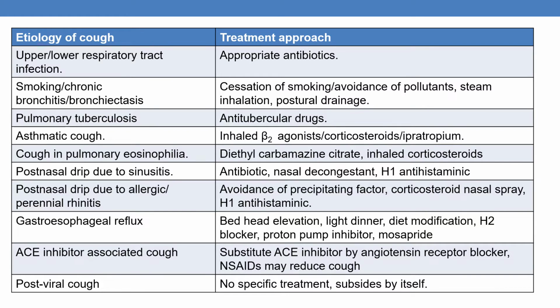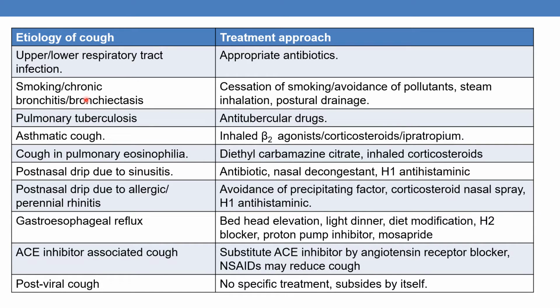Now coming to the etiology of cough and the treatment approach. Etiology means cause of the cough and the treatment approach, which is nothing but the therapeutic management. So if the cause of the cough is upper or lower respiratory tract infection, then the appropriate treatment approach is use of antibiotics.